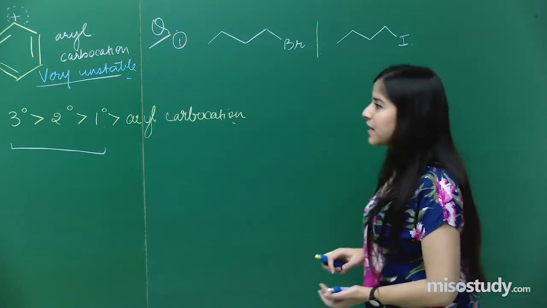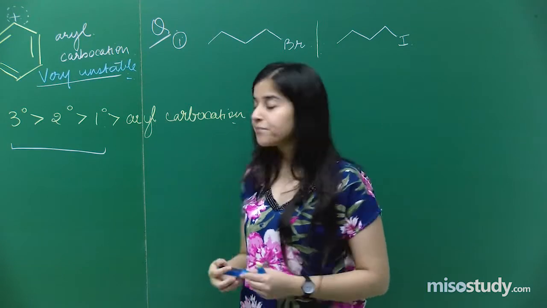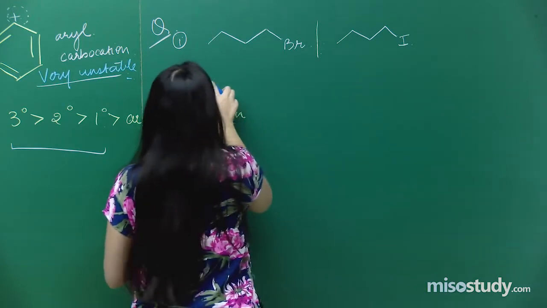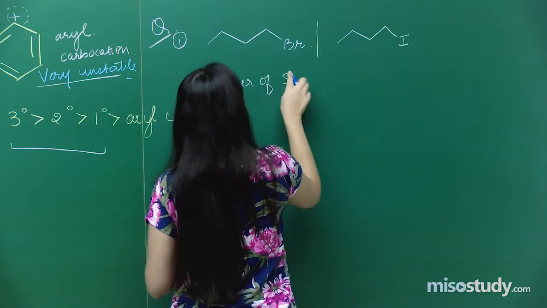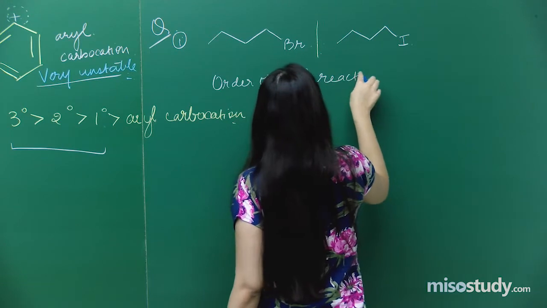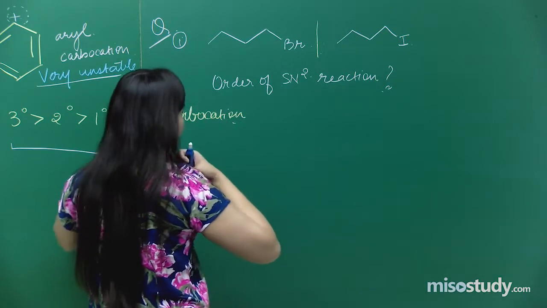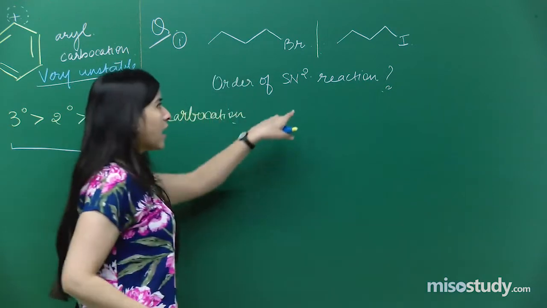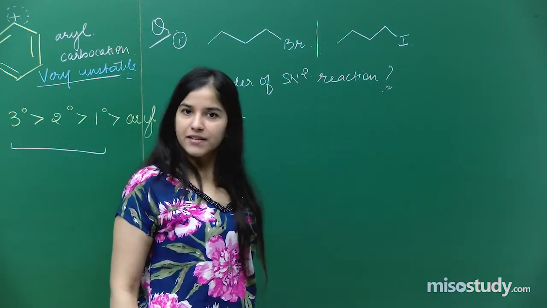I need to tell which of them will be giving SN2, right? So I need to find out the order of SN2 reaction. So the first question that arises is, how did I judge that these 2 particular compounds will be giving SN2?